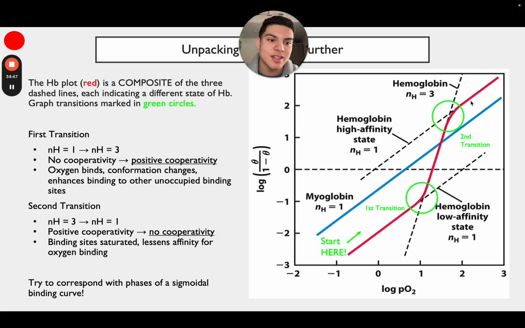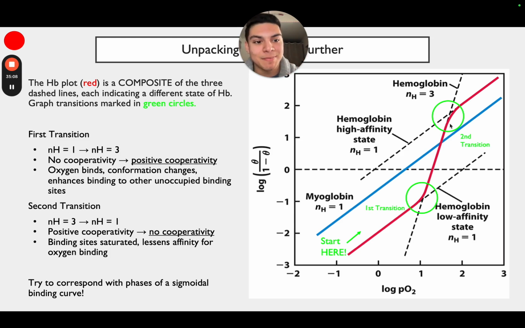So something to keep in mind conceptually. And then the second transition is, as we have positive cooperativity, we go to no. And it goes from NH equals 3 to NH equals 1. And the binding sites are saturated now, which lessens the affinity for oxygen binding. It makes sense that once it's saturated, again, the function of hemoglobin is to transport oxygen to the rest of the body. At a certain point, it has to offload it.